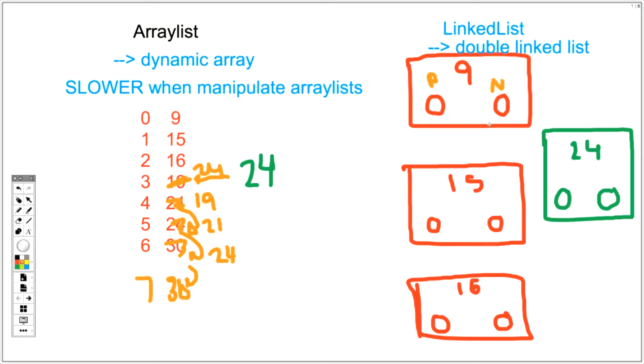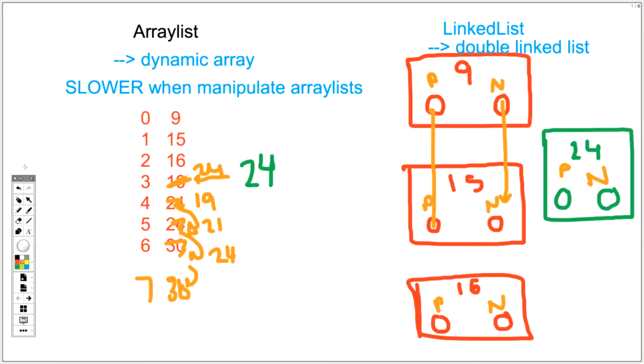So P and an N. And basically, how a double linked list works is that the next number after 9, and actually I'll just label P and N for all of them, is, okay, I see that next of 9 is 15, and the previous of 15 would be 9.